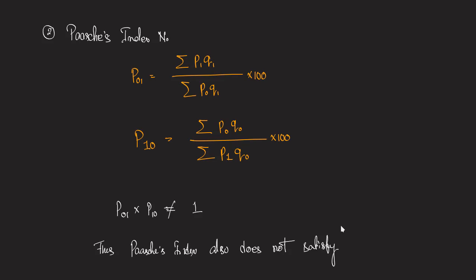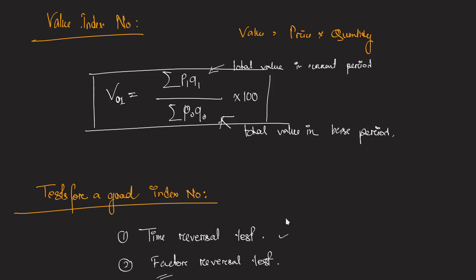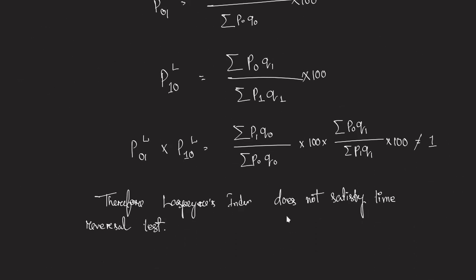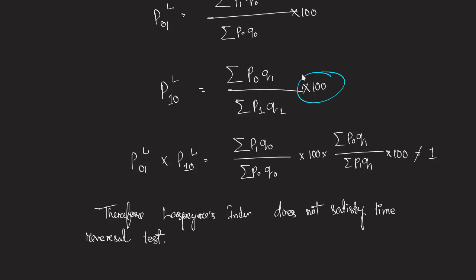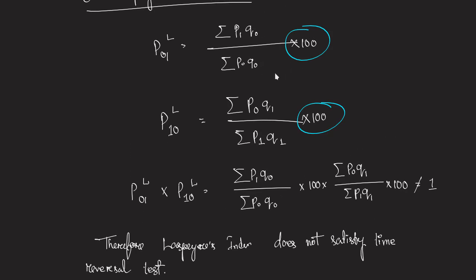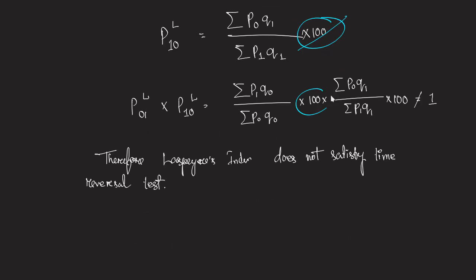By the way, there is one thing I would like to mention here: we can actually ignore this 100 here too, because 100 will never get cancelled. In the time reversal test the 100 can be ignored, so we will not write this part. Even if we completely ignore the 100, you see there is no common term that will cancel out.